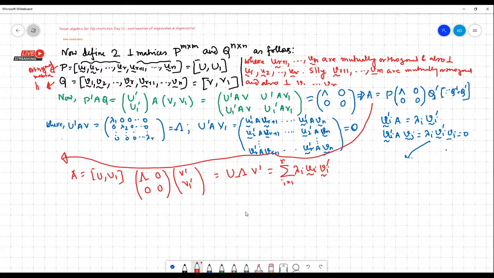So you see that this is almost the same thing as the result of spectral decomposition. Instead of Ui, here it is Vi. So again it is written as a sum of R matrices because rank of A equal to R. Moreover, one more thing I want to say here.